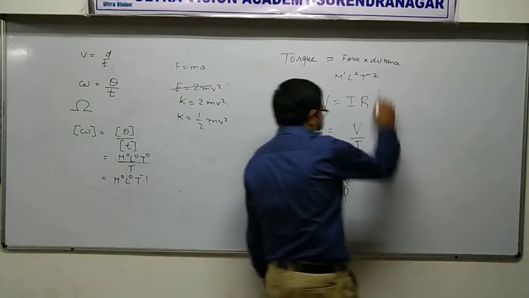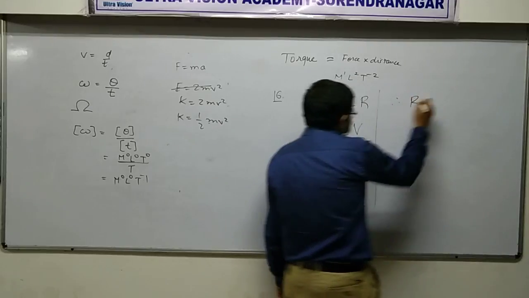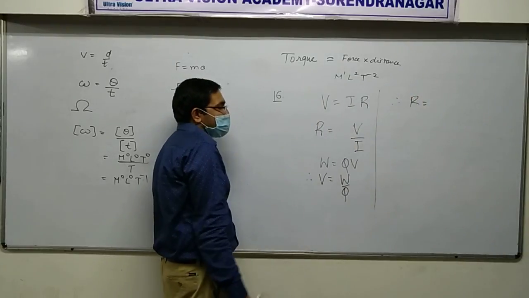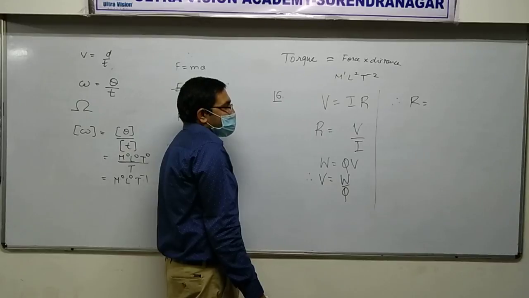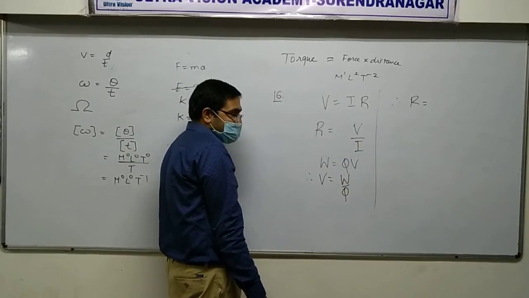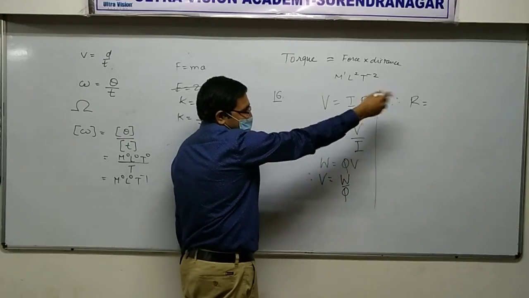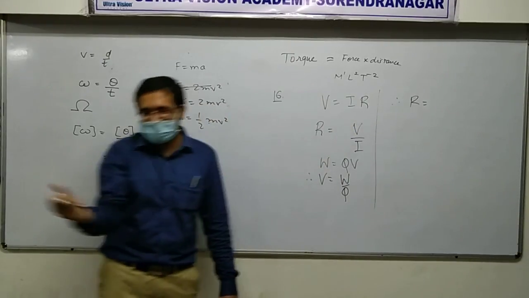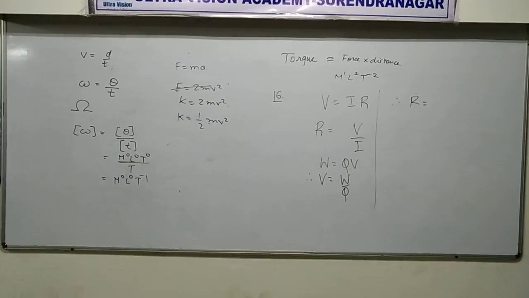So therefore R will be equal to, what should I write if I put this over here? Put this here and see what you get as the next step. Come on, do the steps yourself. Hurry up. Everyone, use your pen. Done.